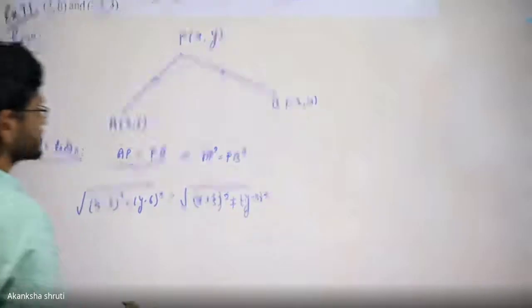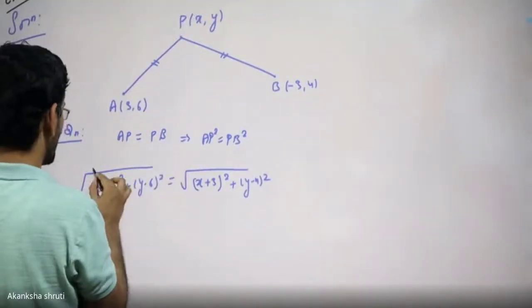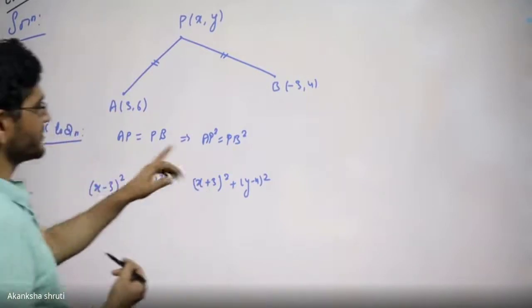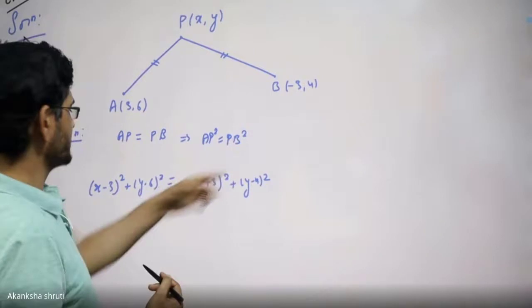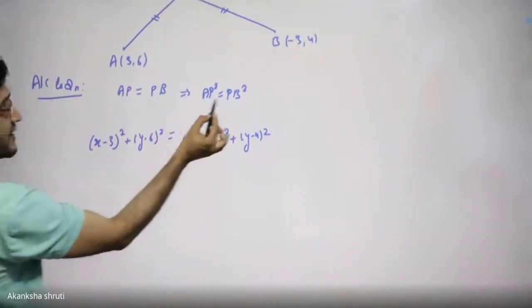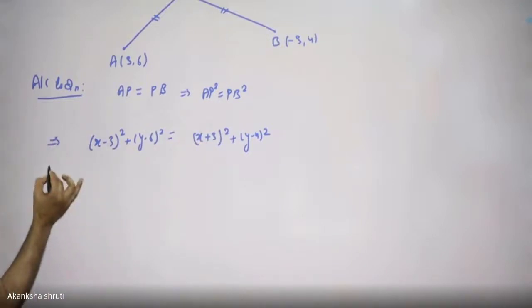That's all. Students, to solve this, we have to square this, and on squaring, the square root will get cancelled. That's why we may directly write AP square equals PB square, like that, without a square root.